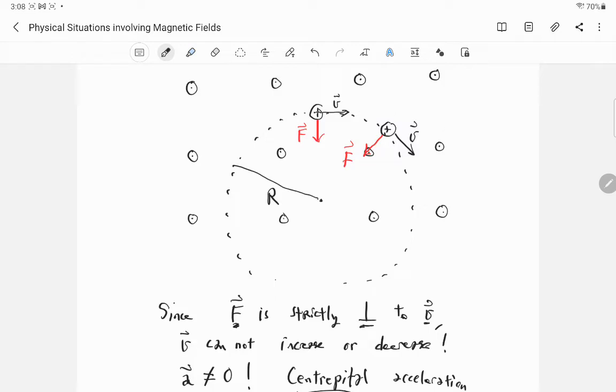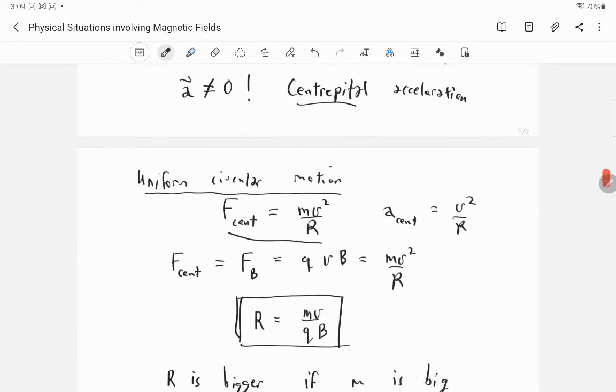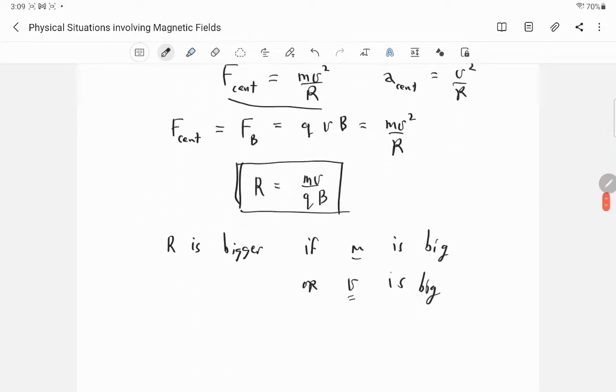So if it's traveling really fast, but only under the influence of a certain magnetic field, then it tends to go further before its motion is changed much. So it goes in a larger circle. If the inertia is bigger, then a given magnetic field is not going to be able to divert a large inertia object quickly. So its radius of curvature is bigger.